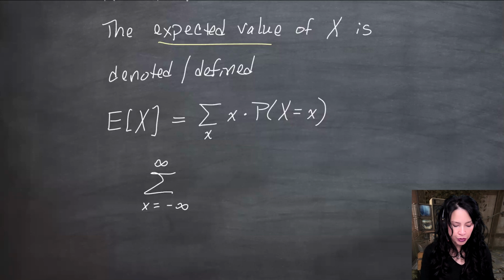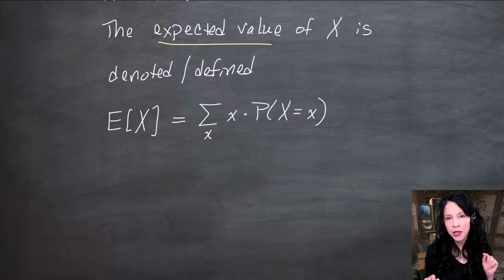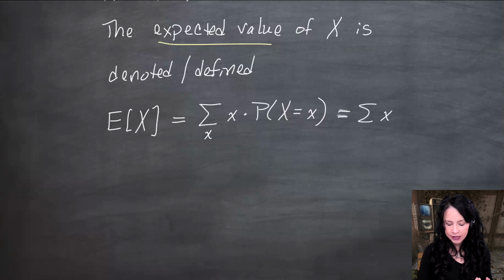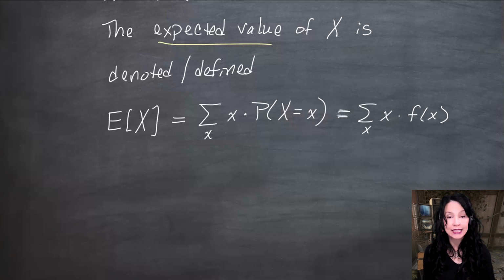So I think it's weird to write that, and I'm not going to do it. But continuing in my definition, we have a notation for this if we want. This is the same thing as the sum over x of x times the PDF f of x, because that is defined to be this probability over here. So that's what we did in the last example.